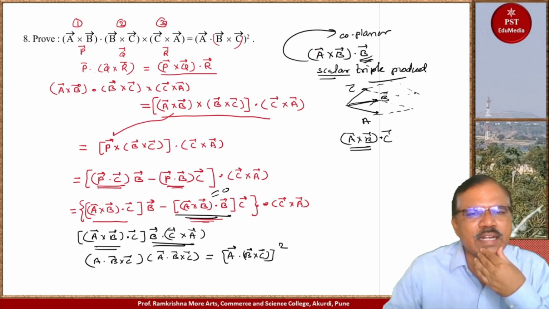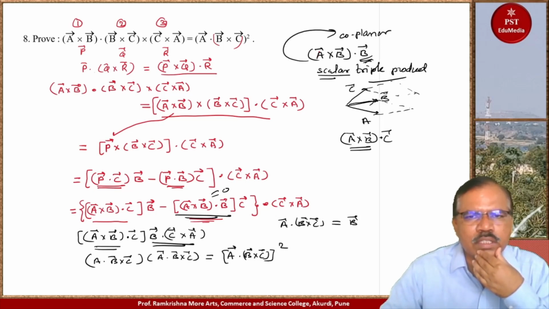Here we have used vector identities, which means A dot B cross C is equal to B dot C cross A is equal to C dot A cross B. Go in cyclic order.